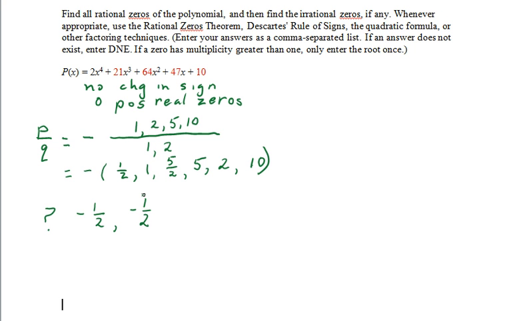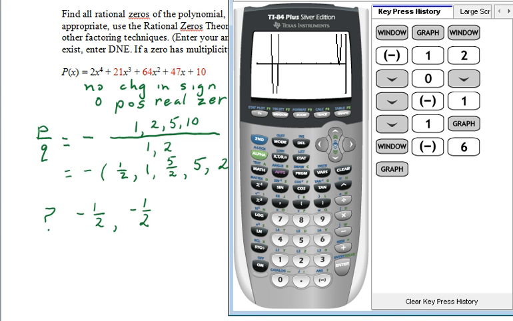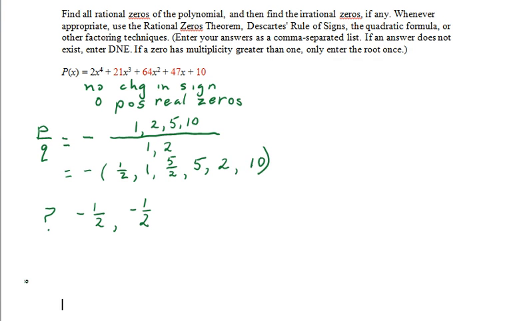I'm unclear, looking at the graph, what is happening between about -4 and -6. But let's start with some synthetic division and see if the conjecture that -1/2 is a double zero works.